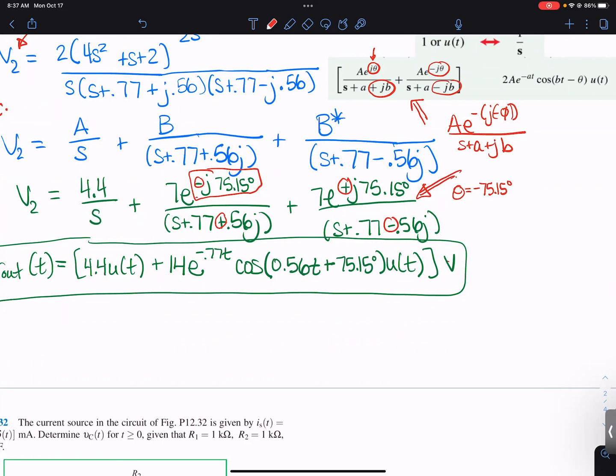So B here would be a negative 0.56 T. So he asked if you could do this. Is that the same? So yes, you could do this.